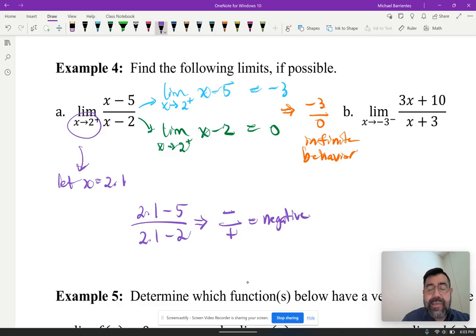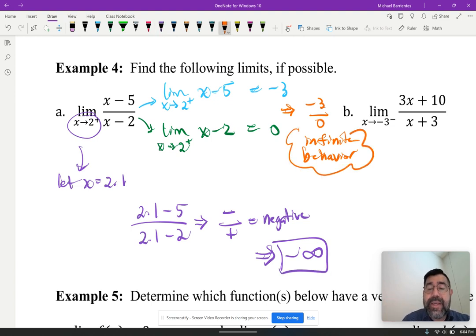And what that means is on the right side of 2 for this function, we are approaching negative infinity. Again, we already knew that there was infinite behavior. How do we know that? Because we have a number divided by 0. But now I know what type of infinity is on the right side. As it gets closer and closer to 2, it's going to go down because I picked a point to the right side of 2. I checked it and I looked at the sign.